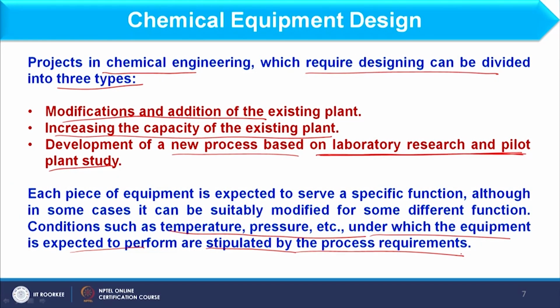And designing means what? We have to specify the operating condition of the equipment, and accordingly we have to decide the dimension of the equipment. Now, we will ensure that equipment should perform satisfactorily under all possible conditions. So, for that purpose, I have to design the equipment and test it at maximum possible condition.